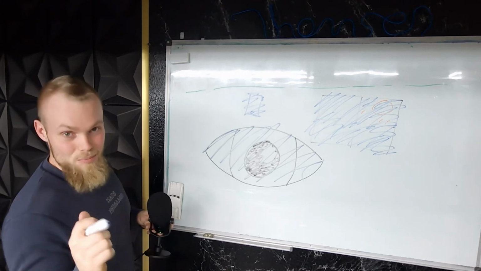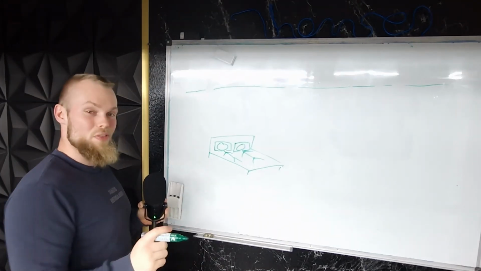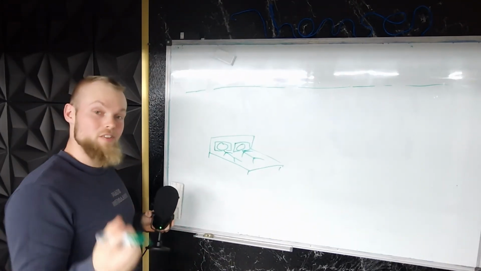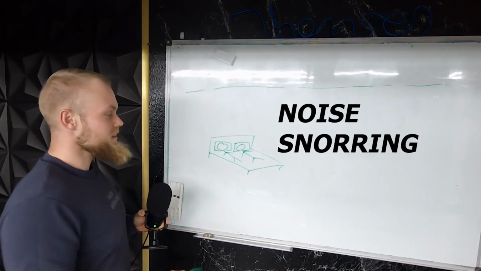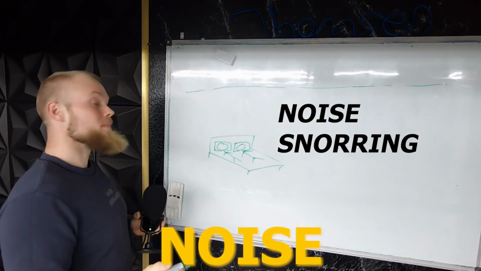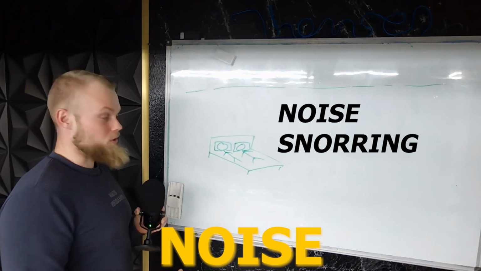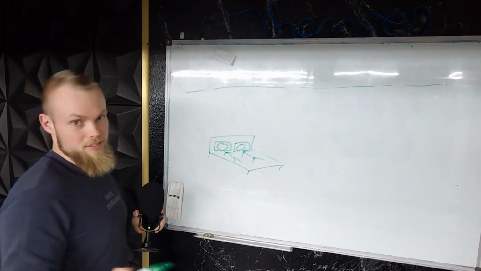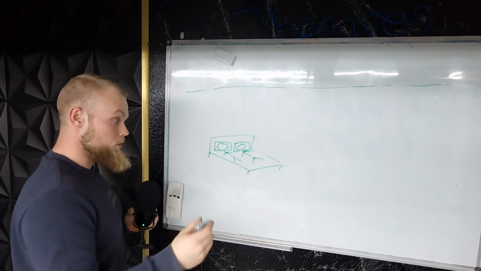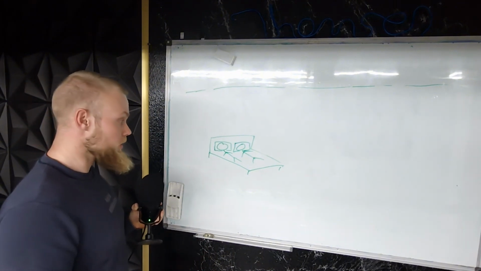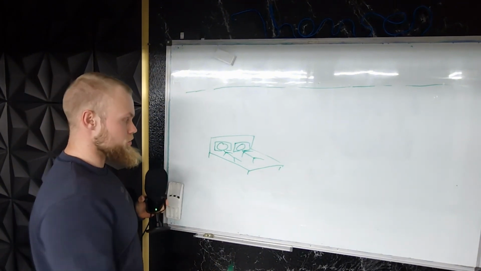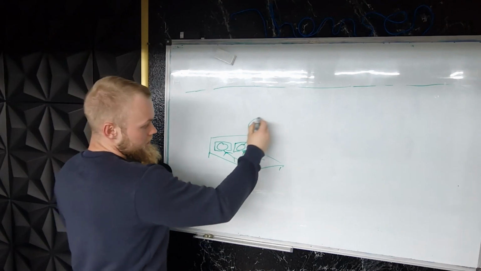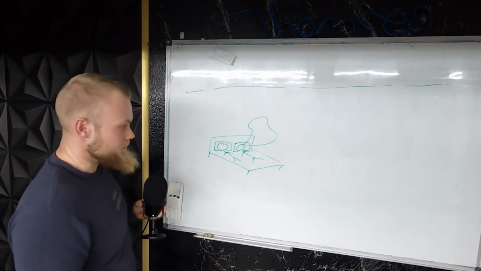Right, let's move on. One more thing that can disturb your sleep or prevent you from getting optimal sleep is noise. And that noise can either come from your digital devices, such as your phone, an alarm clock, a neighbor knocking on your door, or your partner snoring. Or maybe you snoring.